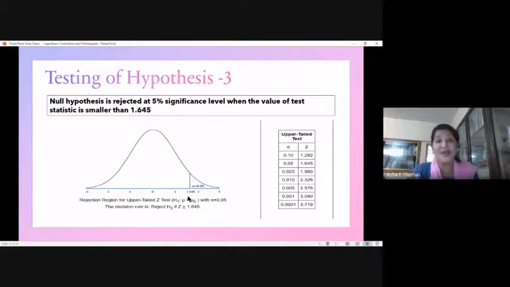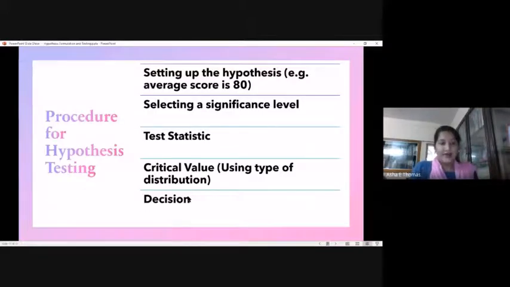There is a slight difference when we discuss from the angle of variance, or cause and effect, which we will discuss in further classes. But from the basic viewpoint, we will always be looking into the average, or mean. If I expect the difference to be more than the 80 score, yes, I go with the right tail test.